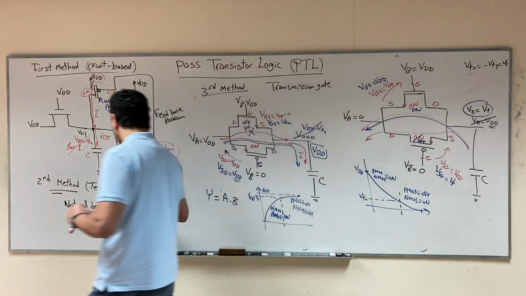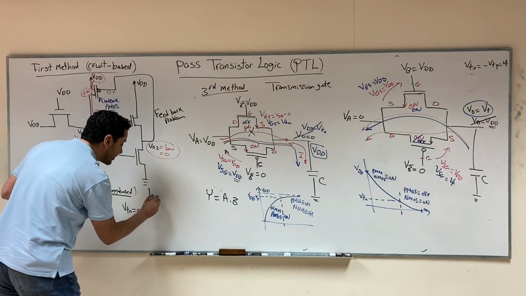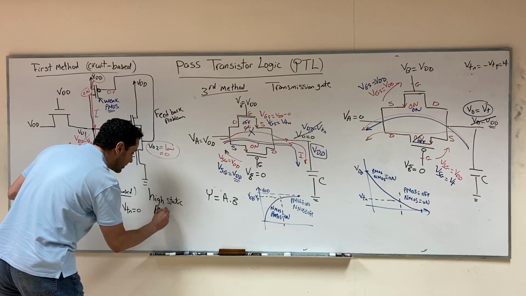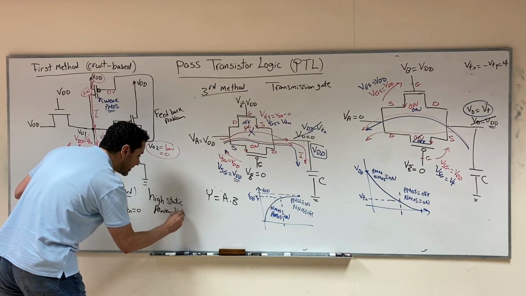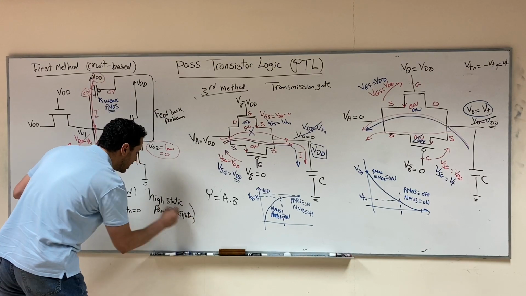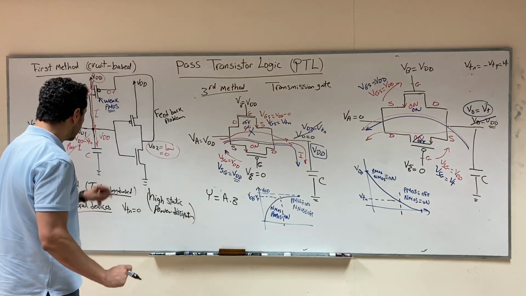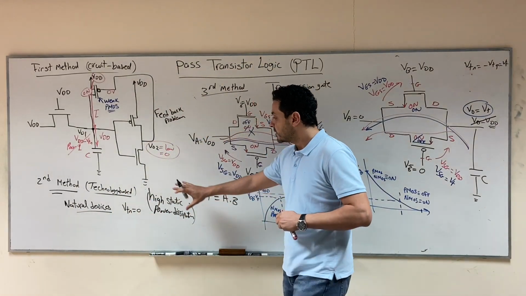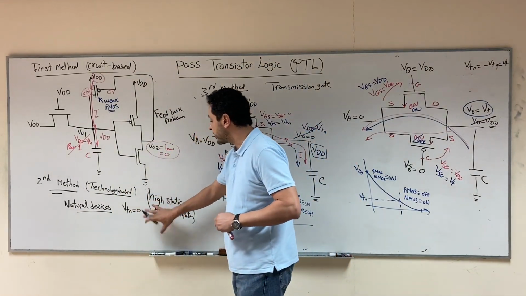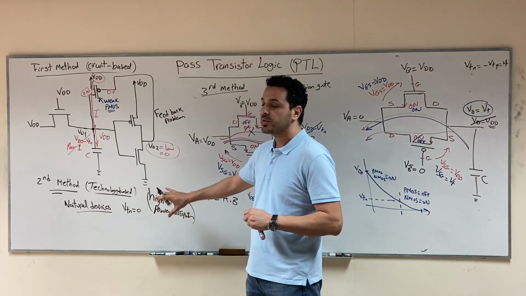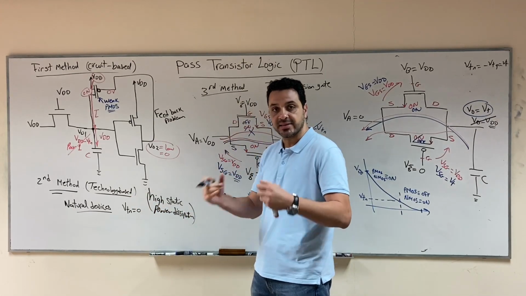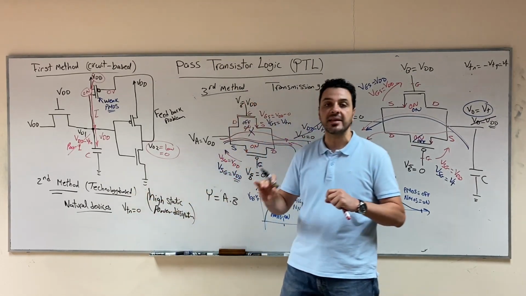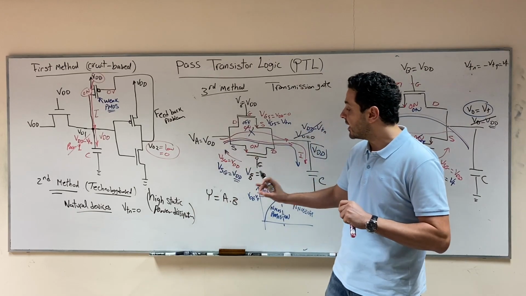So there will be high static power dissipation in this method, which is the disadvantage of using natural devices, the devices with zero threshold. Without going into the details, because they are a little bit complicated, you should know that the disadvantage of this method is high static power dissipation.